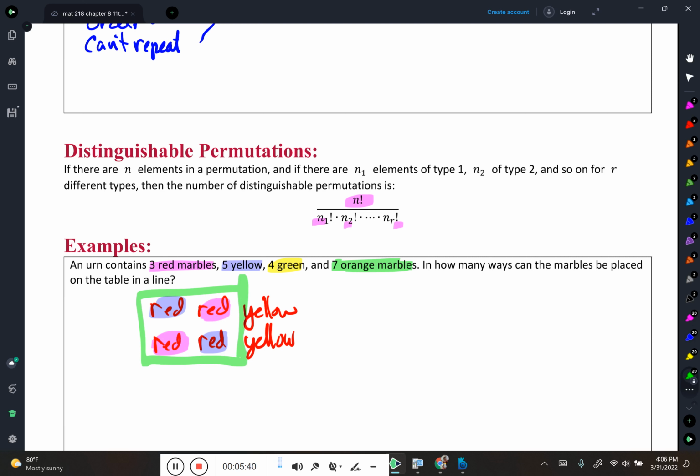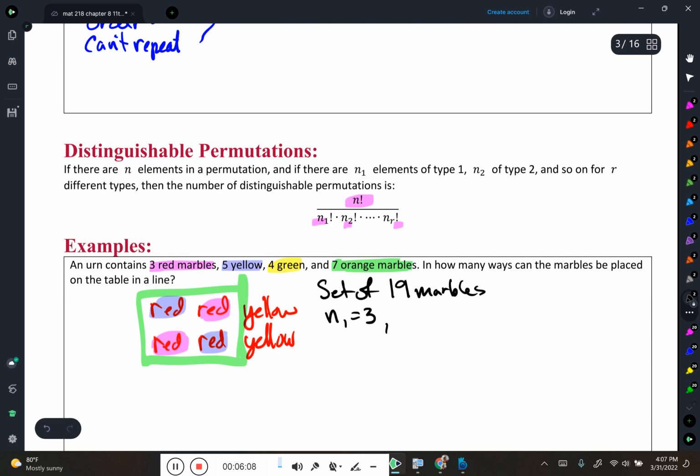So what we're talking about here is if you have a set, in this case there are 3 and 5 and 4 and 7, so that's 19 marbles. But within that set, there are chunks or subsets where you can't tell them apart. So then n sub 1 would be 3 red marbles I can't tell apart.